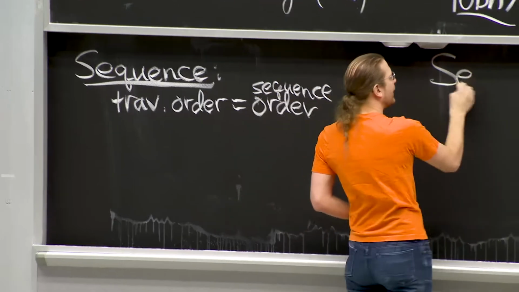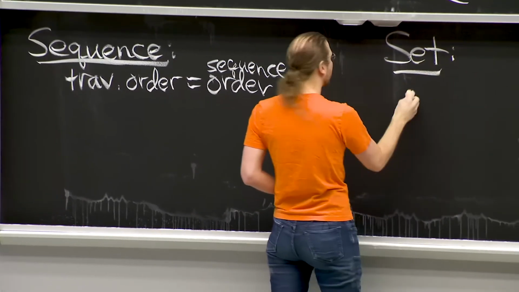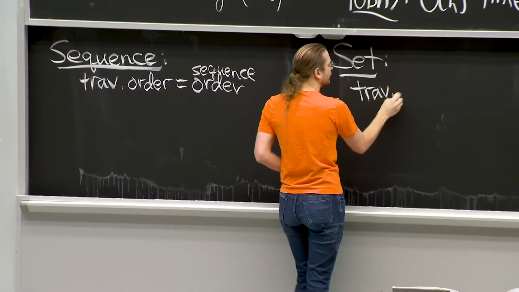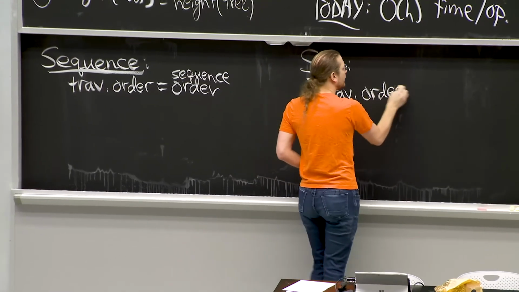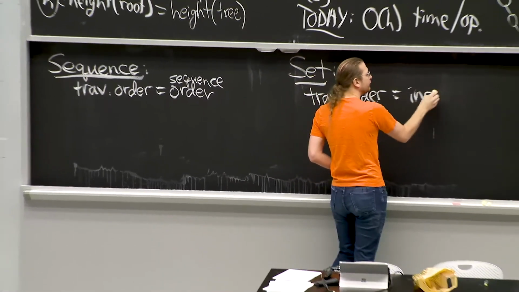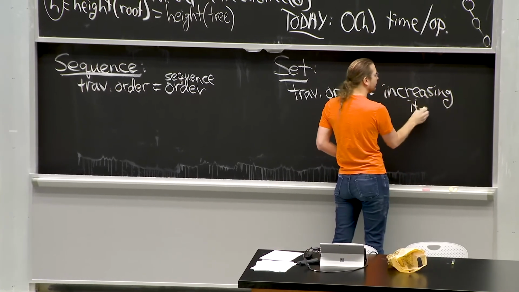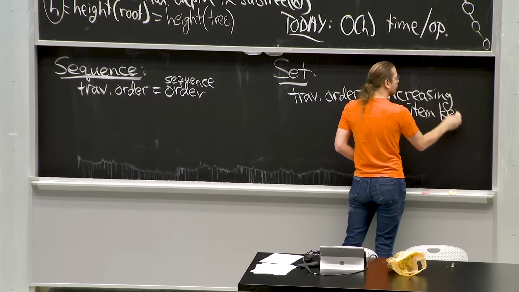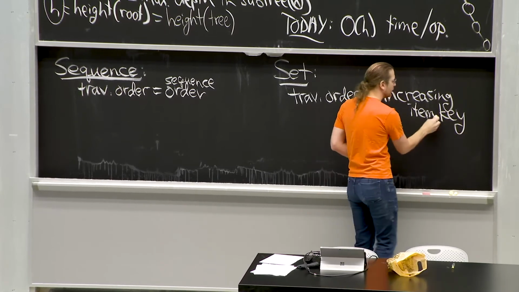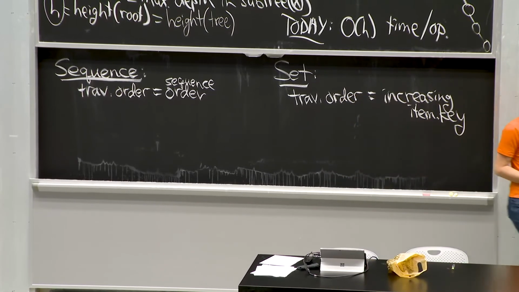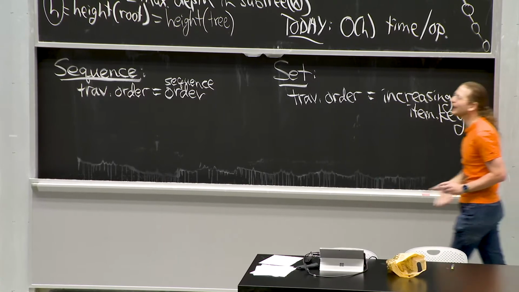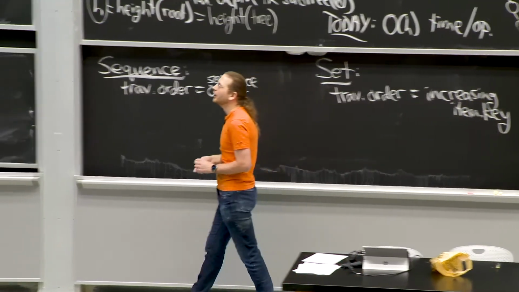And if we're trying to store a set, items with keys, we're going to make the traversal order equal to ordered by increasing item key. In some sense, that's it. But then we need to think about how we implement all of these operations.